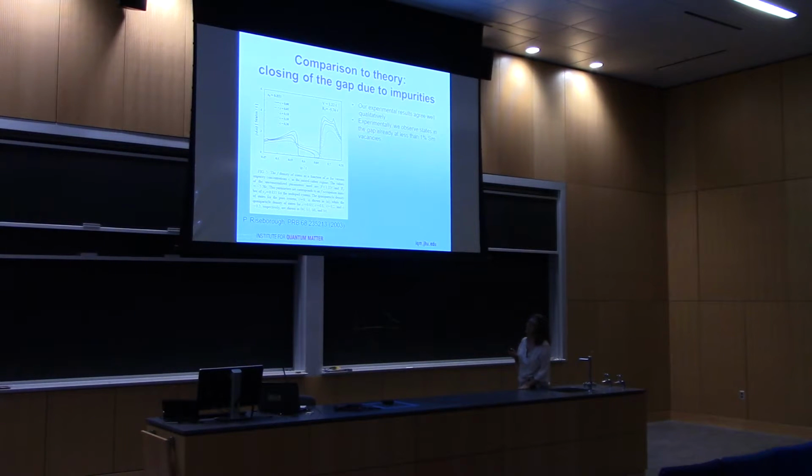He looks exactly at what we do: the presence of defects on samarium sites, and shows that as you build the system this way, you get spectral weight in the gap and eventually close the gap. Theory starts to see some effects at about 10% of doping, but we start to see it at much lower doping.